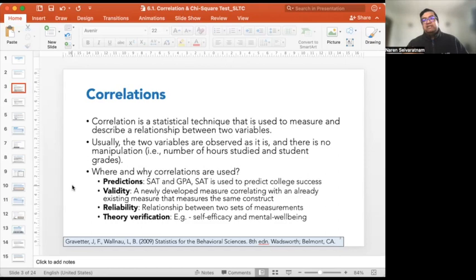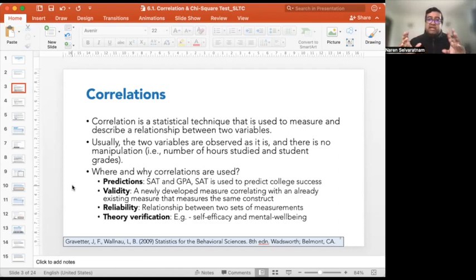Now validity means the degree to which the scale measures what it claims to measure. Let's say you develop a new scale. You want to do a study to see whether this scale would actually correlate with other similar scales, and if not, scales that correspond with different constructs closely related to what your scale measures.